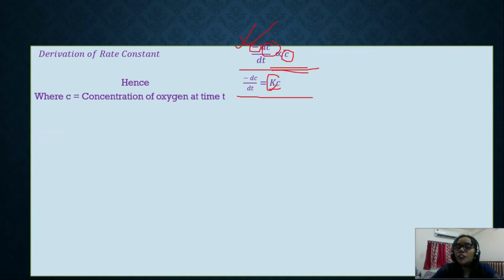K is your rate constant, the BOD rate constant, understand? I have already told you what C is. C is the concentration of oxygen at time t, and K is the rate constant of the BOD. This is the proportionality constant, and that is equal to the rate constant.